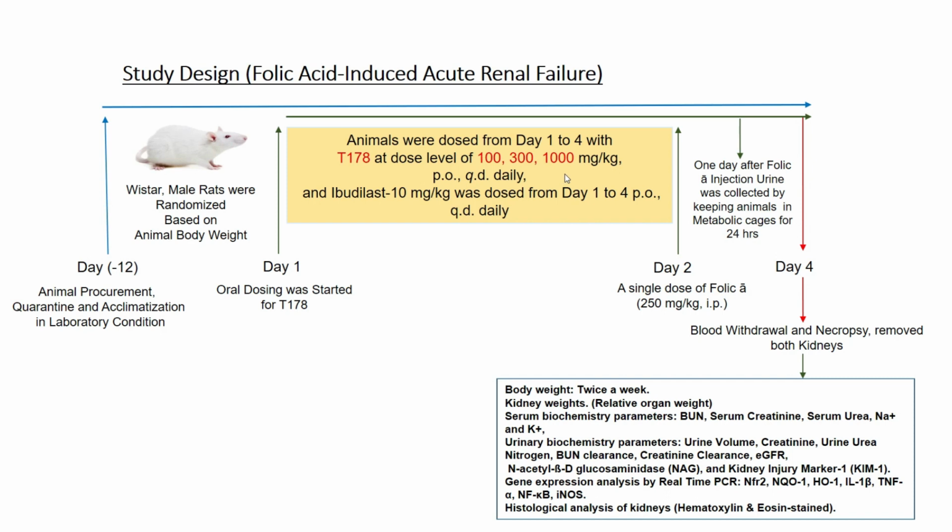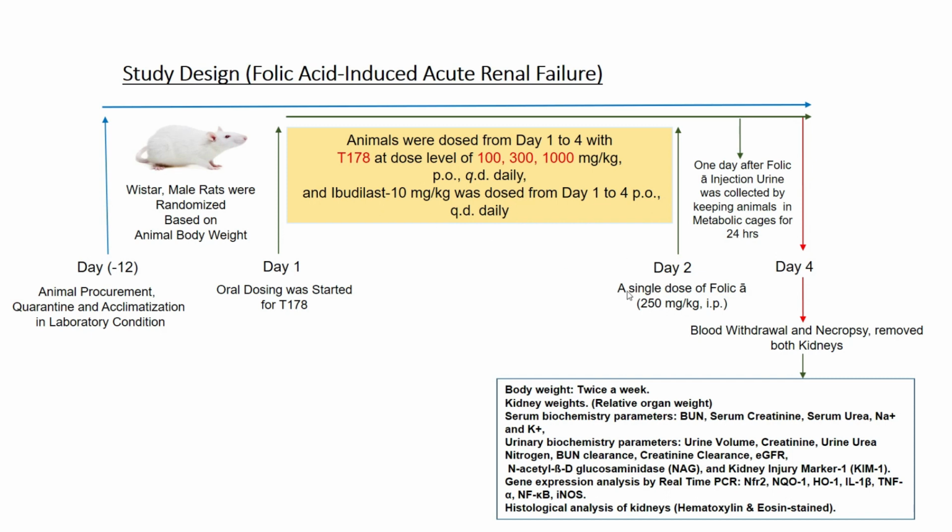We have to standardize the model first, then we will go further. We can even induce on day 1 first and then start treatment. That type of experiment we can also do.